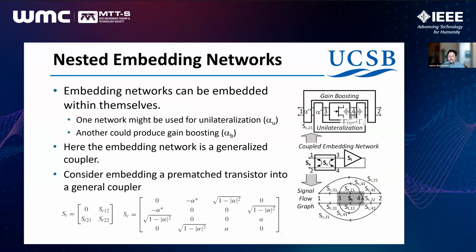The approach we took here was to consider a general circuit that can be used for embedding, and that's a 4-port coupler. And what we can think about doing is doing the embedding in multiple steps, nesting the embeddings one after the other. So shown on the right-hand side, we took the idea of putting a transistor amplifier inside of a coupler, and then imagined, well, if I have one embedding network that can be used to unilateralize the device, for instance, then I can add a second embedding network which can provide gain boosting.